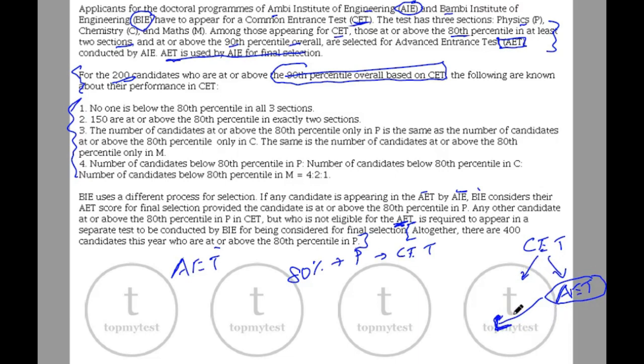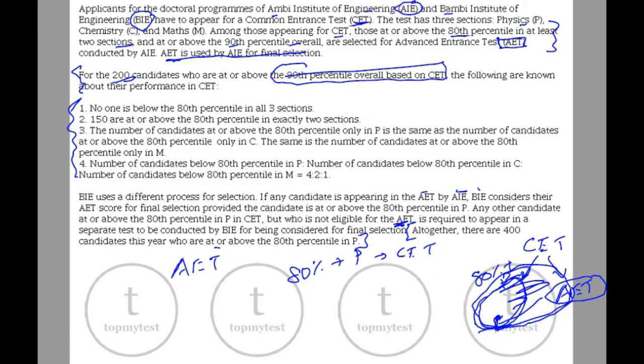Further, if you are not eligible for AET but you have 80 percentile plus in physics, you will have to write a separate exam. So there is a distribution over here. It says there are 400 people who have 80 percentile in physics. Now some of them might actually write AET also, so only the balance will have to apply for a different test.